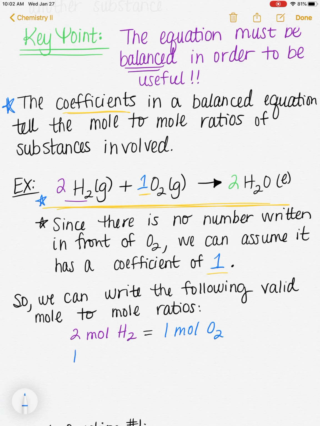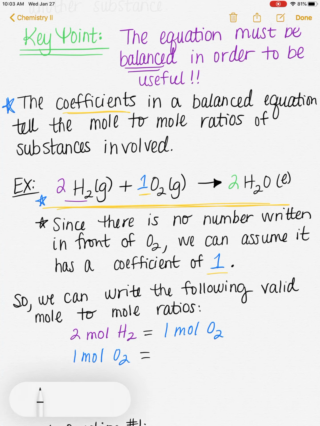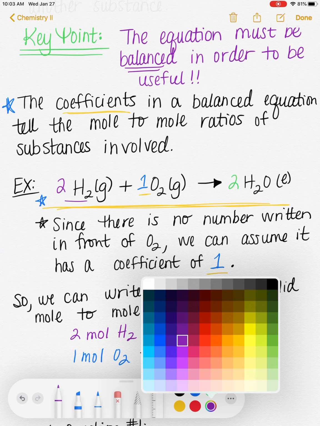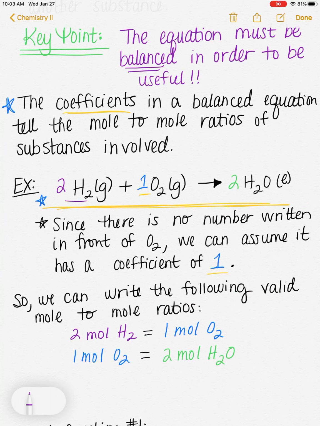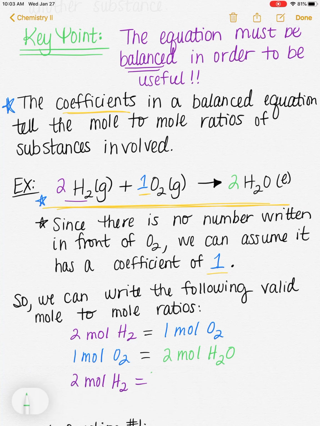I could also write the relationship that 1 mole of O2 is the equivalent of 2 moles of H2O because there's a coefficient of 2 in front of the water. We could write a third mole-to-mole ratio saying that 2 moles of H2 is going to be the equivalent of 2 moles of water.